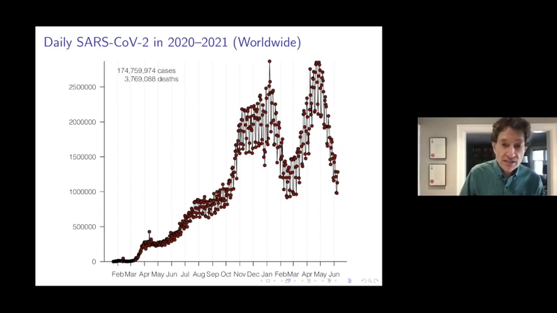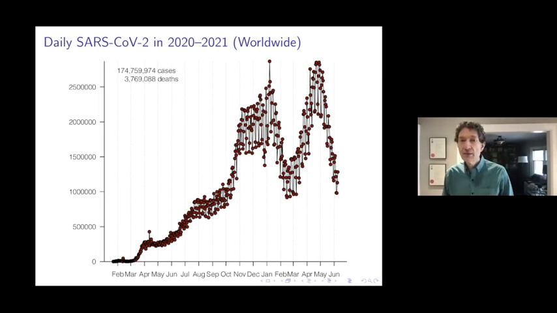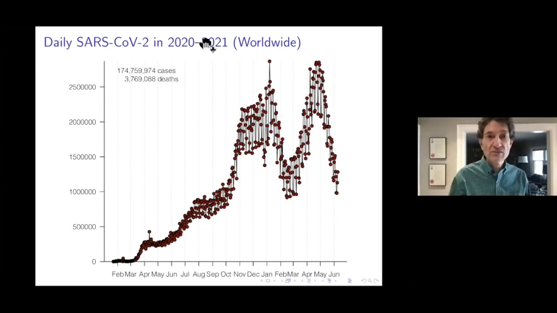Today, as of last night, the number of reported cases worldwide of SARS coronavirus 2 is close to 175 million cases and 3.7 to 3.8 million deaths reported, and probably at least 3 times that in actual numbers of deaths from COVID.